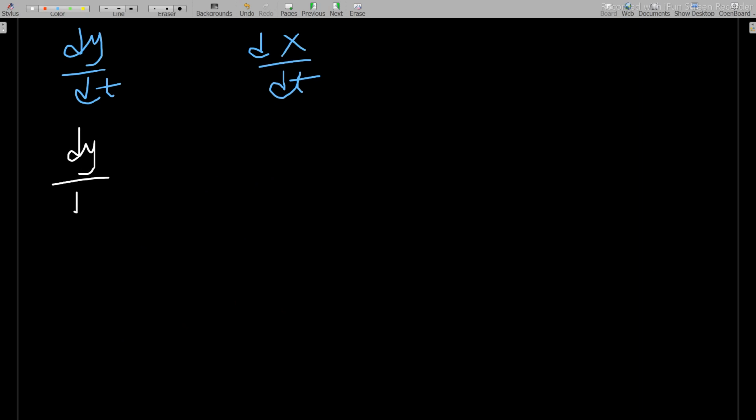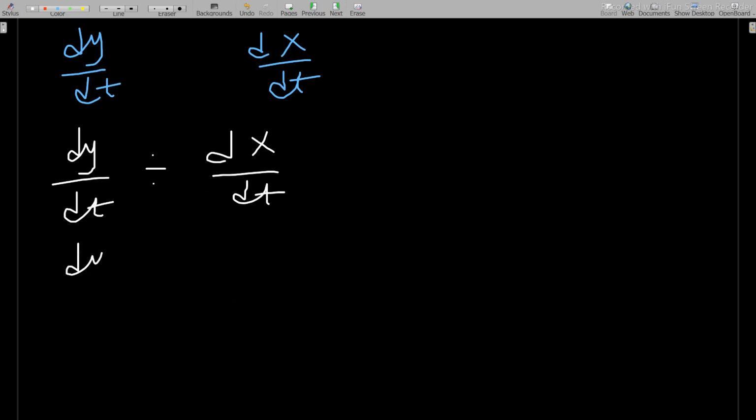Now let's look at this. I have dy/dt and I have dx/dt. If I want to find dy/dx, what should I do? Let's try to divide dy/dt by dx/dt.